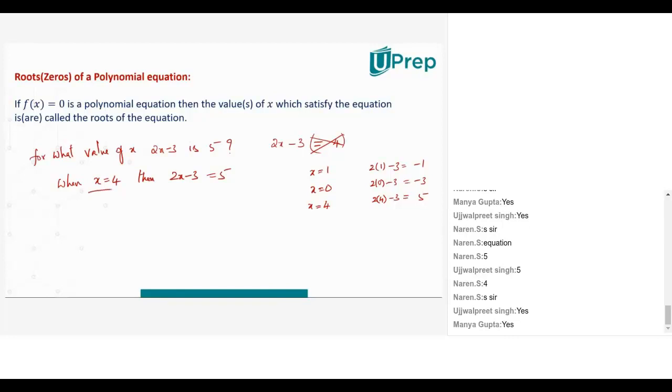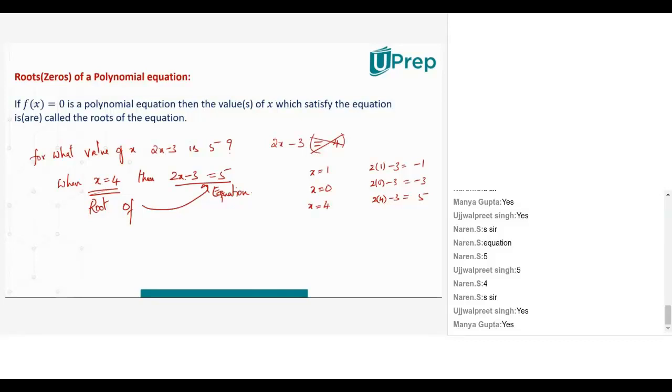That is the root of what? This equation. Now you read the definition once again. You have come across this definition right from your 8th class when you started doing linear equations. This part is there every time. I just explained it in a different scheme, that's all.